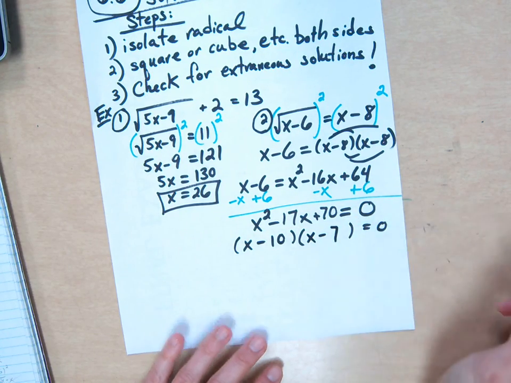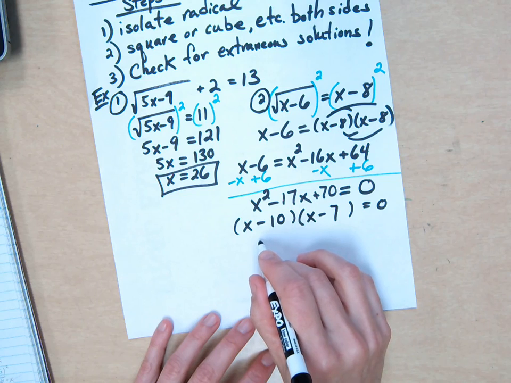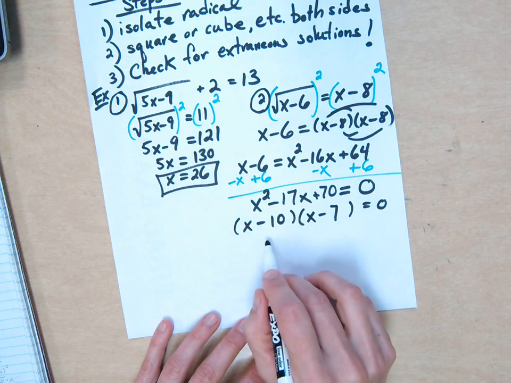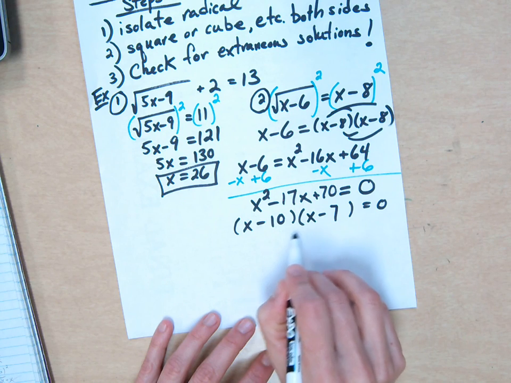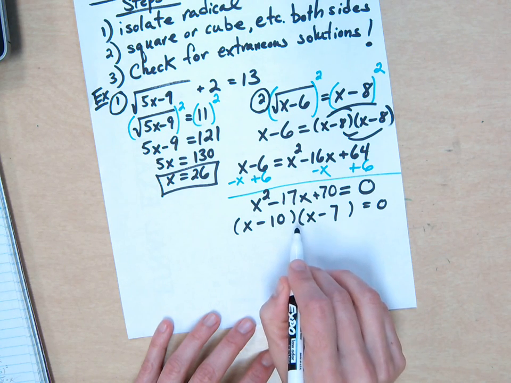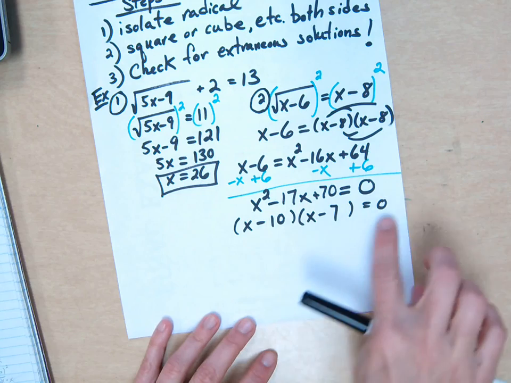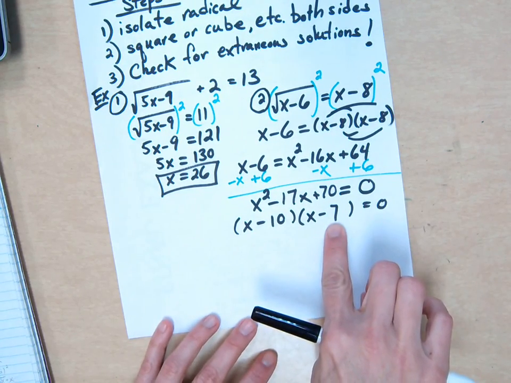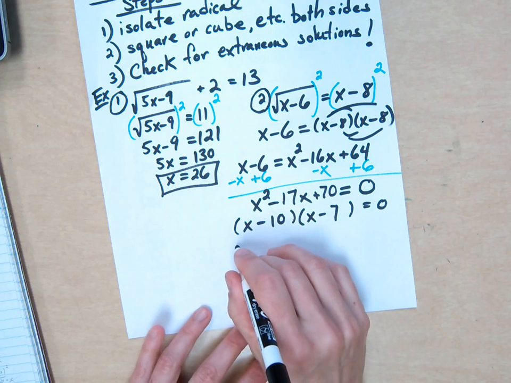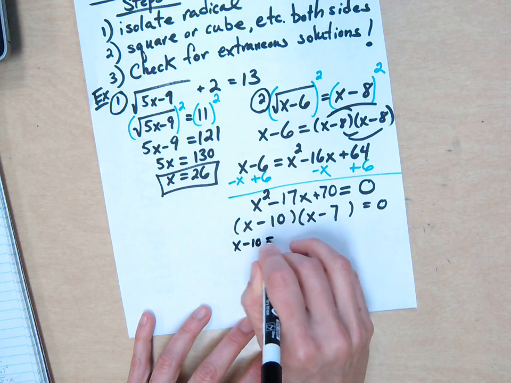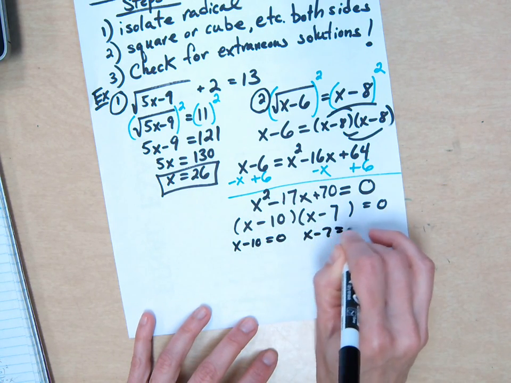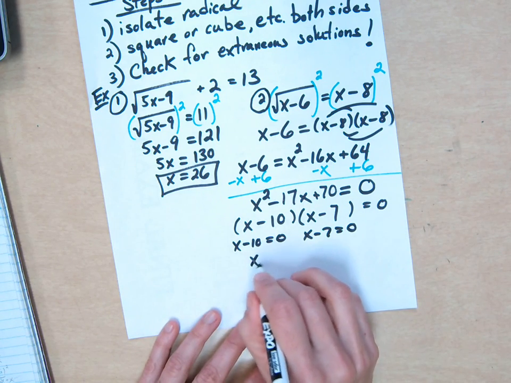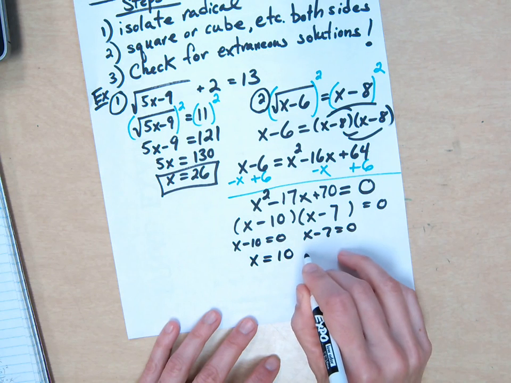And then you use the what property? The zero product property. It means when two things multiply to 0, either that's 0 or that's 0. So you'd write two equations, either x minus 10 equals 0 or x minus 7 equals 0. And solving, you'd add 10, so you get 10 or 7.